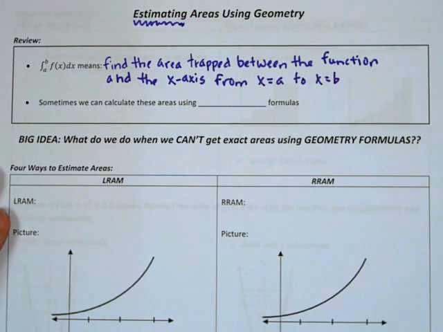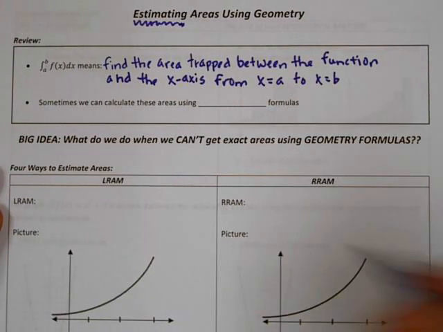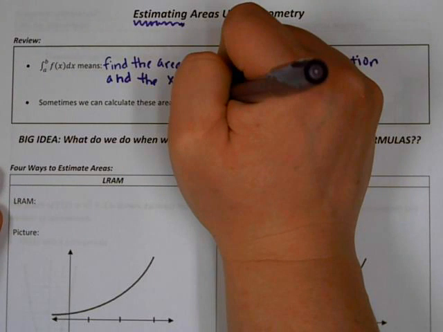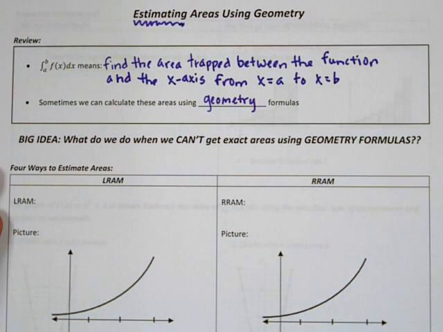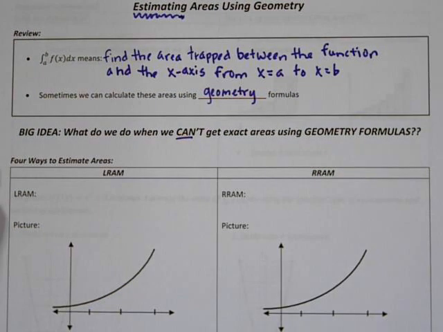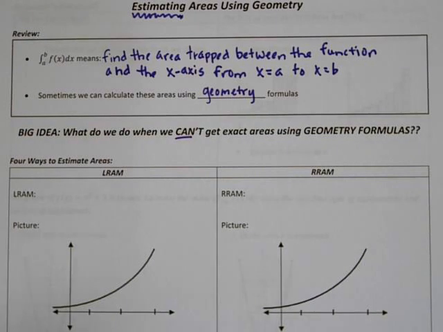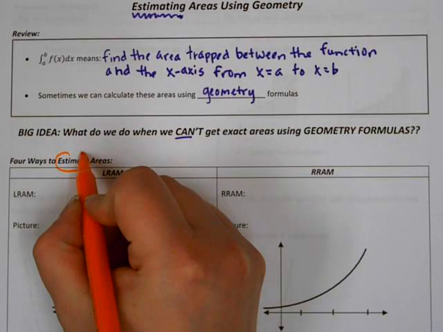We've been doing that, but everything we've been finding so far has been exact areas, because we're able to do that using some of our geometry formulas. But now we're going to start looking at what happens when we can't get these exact areas using geometry. So now we're going to start looking at estimating these actual areas.